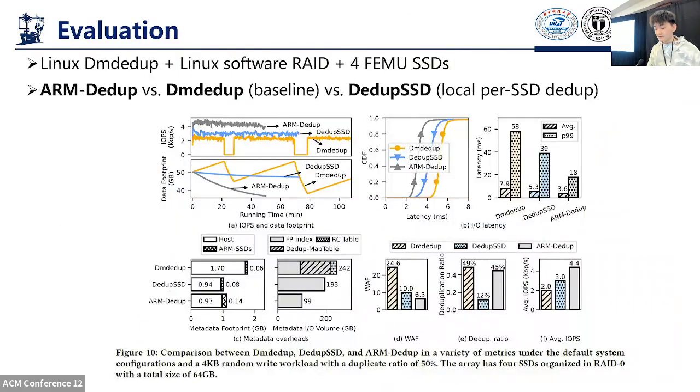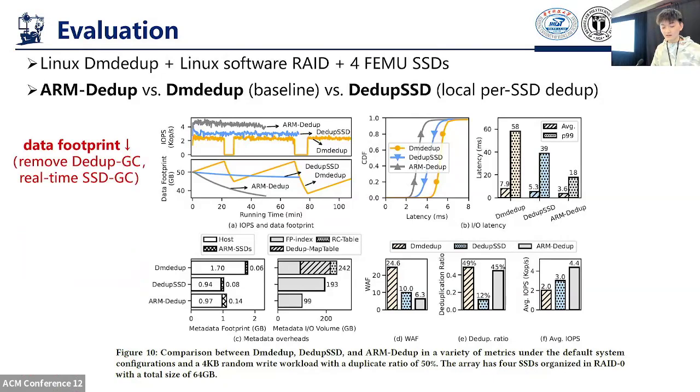We implemented a prototype by modifying the Linux DMDDAP module, the software RAID module, and the FEMU SSD emulator. Compared with the traditional block layer DDAP system, DMDDAP, our ARM DDAP removes the DDAP GC and performs real-time SSD GC, thus keeping data footprint and SSD GC overhead low.